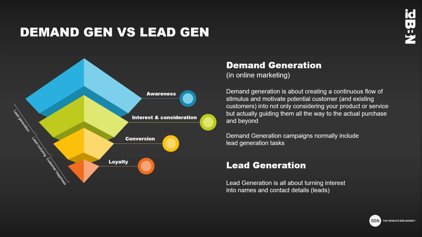The second part of this funnel is the middle of the funnel, and this is where we nurture the leads and try to turn the interest into consideration. Good tactics for the middle of the funnel are search engine optimization, of course content marketing, remarketing, and the king of them all, marketing automation, which helps to nurture those leads.